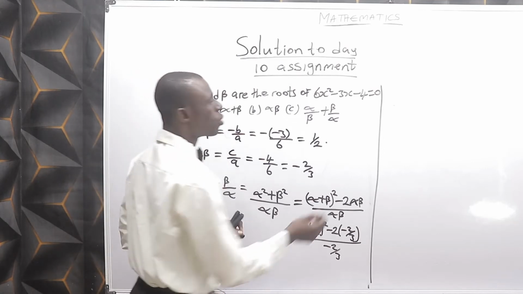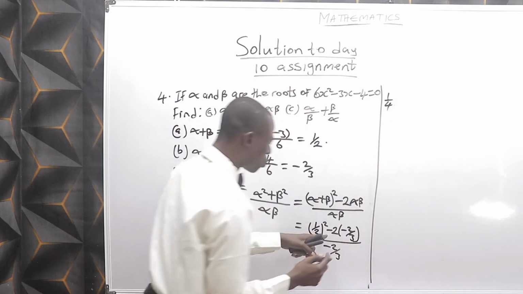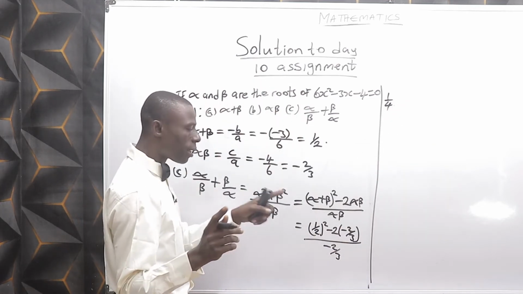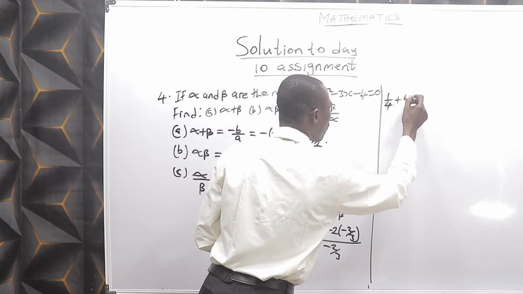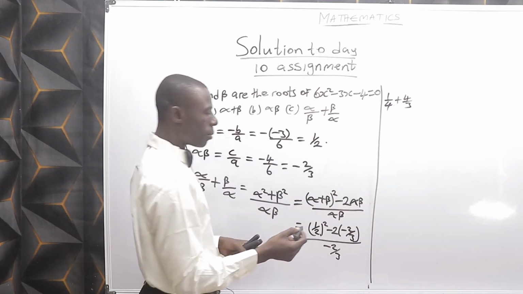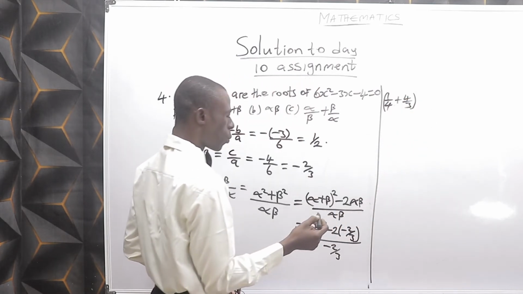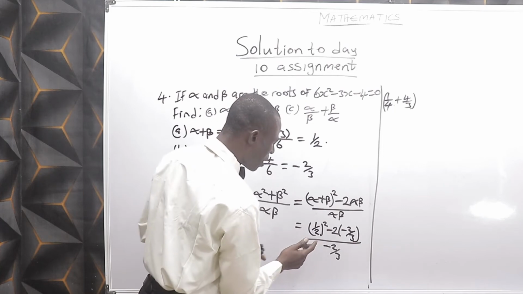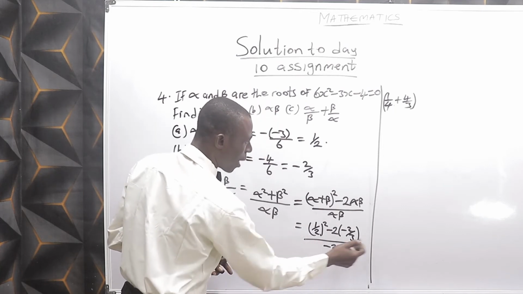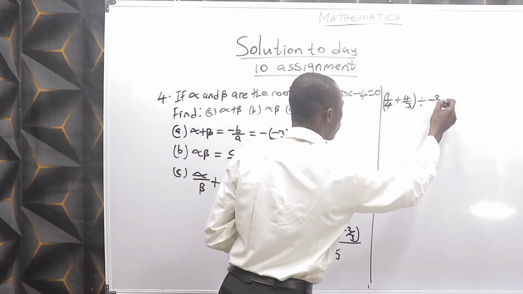1 over 2 square is 1 over 4. Minus 2 times minus 2 over 3 is positive 4 over 3. Do you understand? I bracket them together for easy operation. Instead of this division line, I write divided by minus 2 over 3.